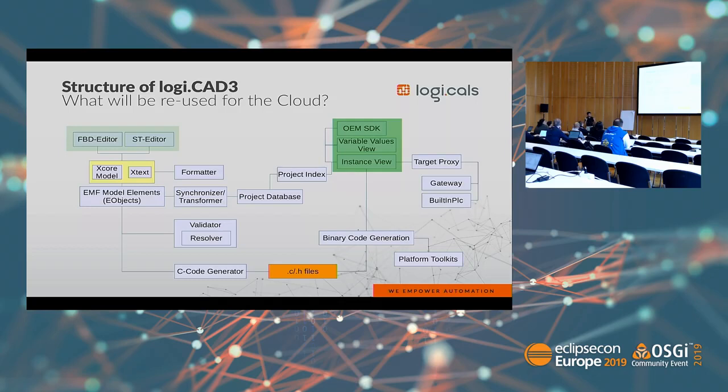The parts that could not be reused were the editors, which contain Eclipse UI stuff, which is not available in the cloud, and also the instance view, which is, as mentioned, used to communicate with the target and to trigger the binary code generation. These views, at least the graphical components, had to be redeveloped.